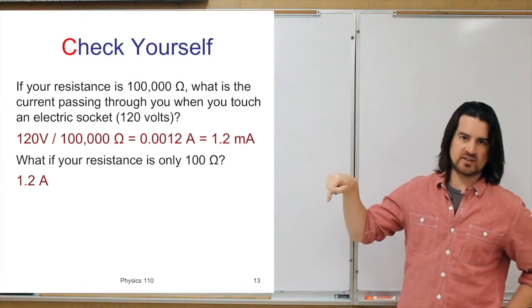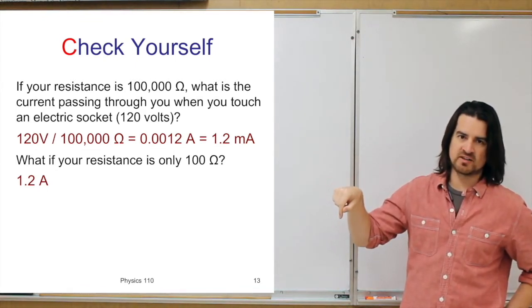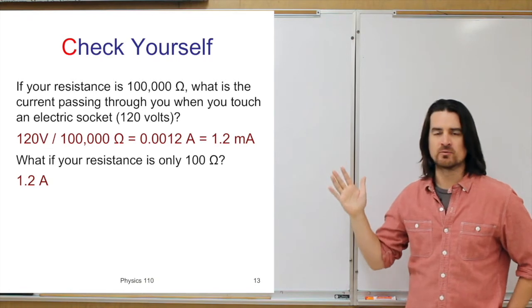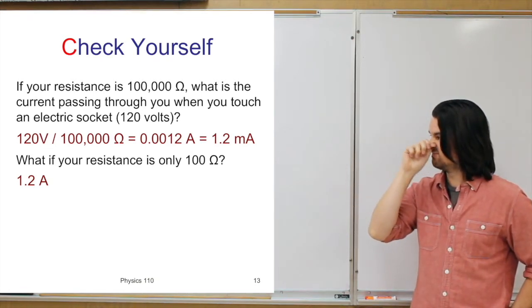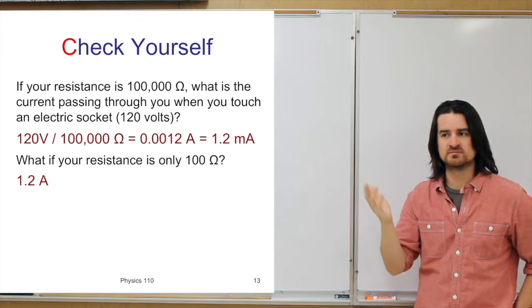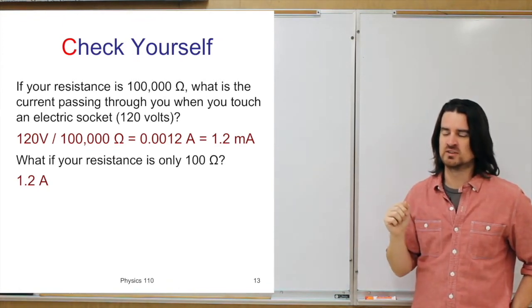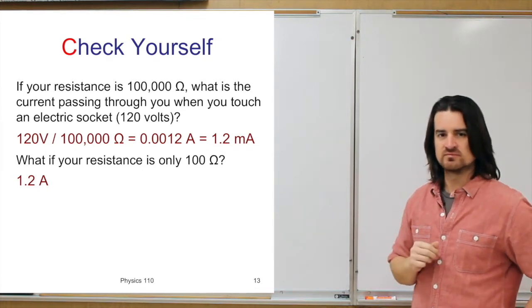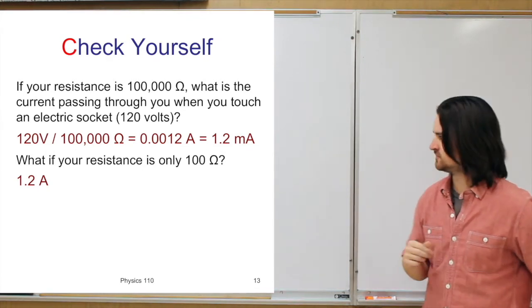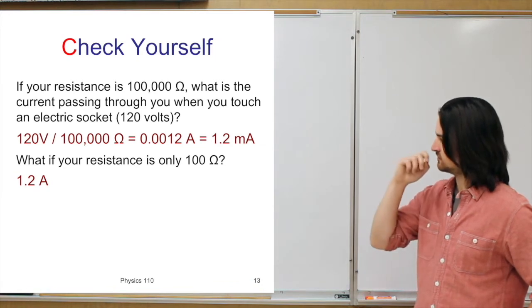Looking back on that last slide, this is roughly the point where you're going to feel it, and probably not much more than that. You get a jolt, and as long as you don't hang on for too long, it's probably not going to be much more than just a startle.